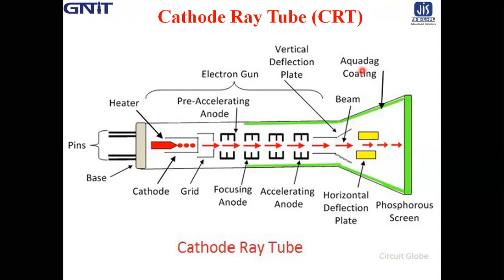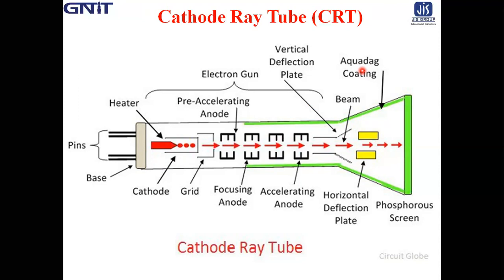The coating is electrically connected to the anode so that, by accident, if the electron beam impinges on the walls, it is returned to the anode. This also helps to prevent the walls from being charged to a high negative potential.